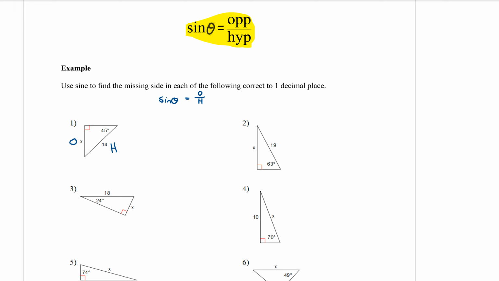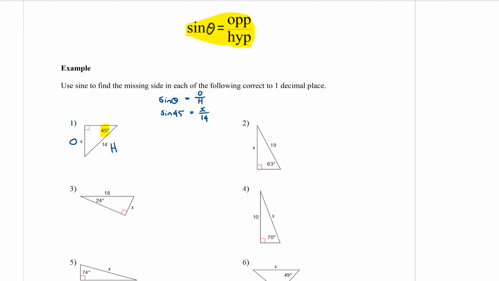Then we sub in the numbers from our diagram. The theta is our angle, it's the 45 degrees. So we go sine of 45 degrees equals, the opposite is the x, the hypotenuse is the 14. Then we need to get the x by itself.